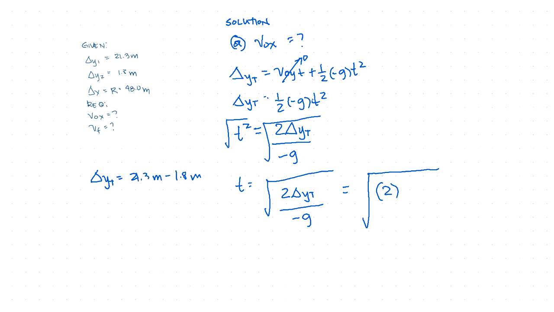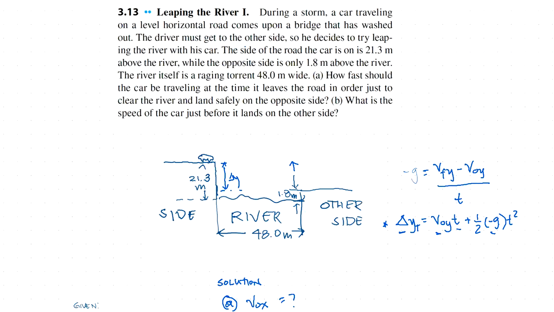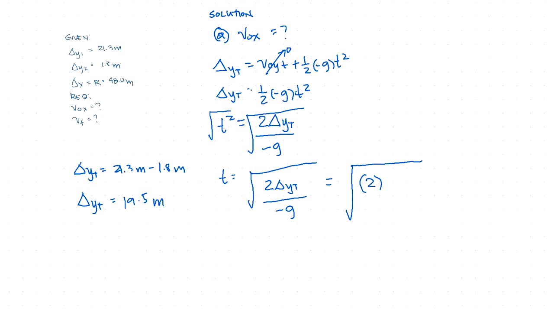So, yung total displacement ay 19.5 meters. So, ibig sabihin yung layo nung side, itong height nito, papunta dito sa other side is 19.5 meters. So, yun yung gagamitan natin.